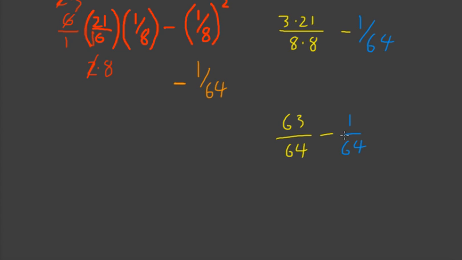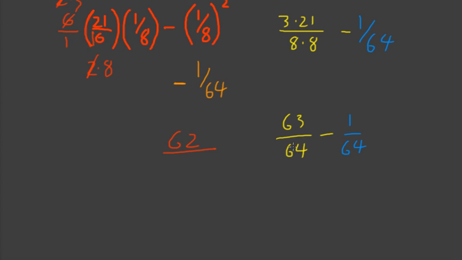We rewrite it over here in a different color: 63 minus 1 turns into 62. Again, we're able to do this because that 64 is on the bottom of both of them.